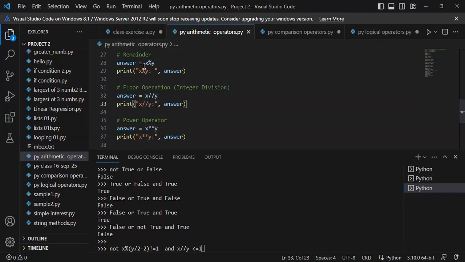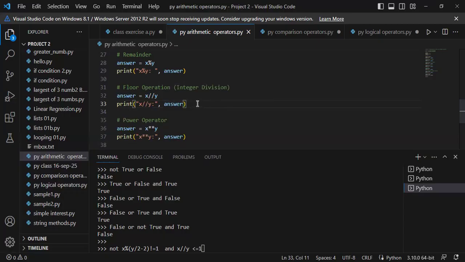In ordinary division. But in integer division, the 0.5 is removed. It's just the whole number, so you get 2, not 2.5.